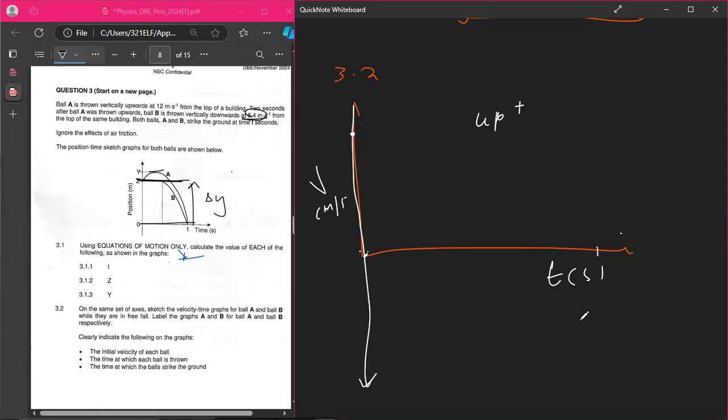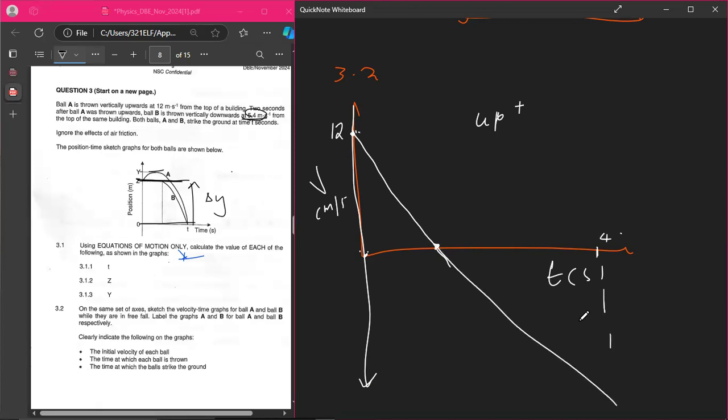I will need to remember that that happens at 4 seconds for ball A. So ball A starts at 12 meters per second, a positive value since up is positive, and then it reaches a maximum height. After reaching the maximum height, it hits the ground after 4 seconds.